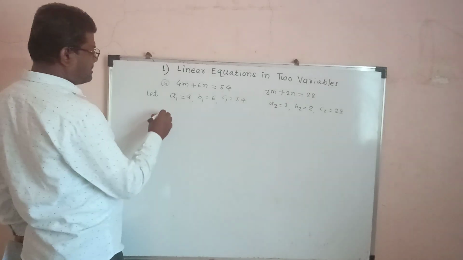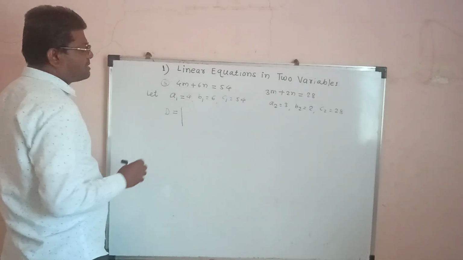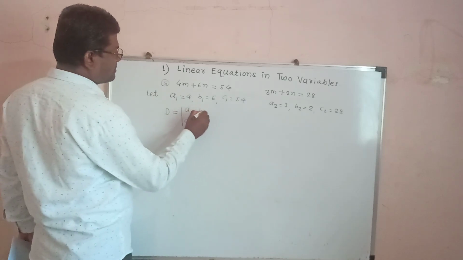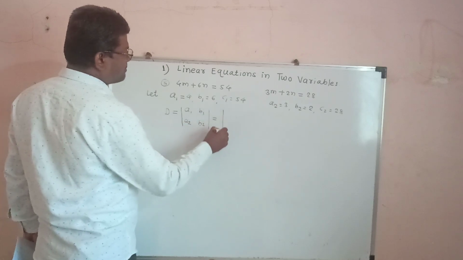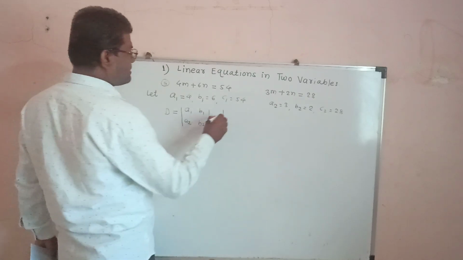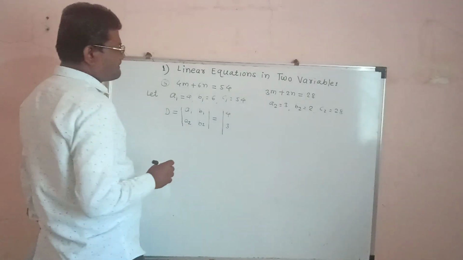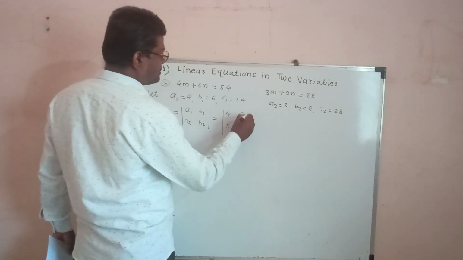Now find determinant D. D is equal to the determinant with a1, a2, b1, b2. Put the values: a1 is 4 and a2 is 3, b1 is 6 and b2 is 2.